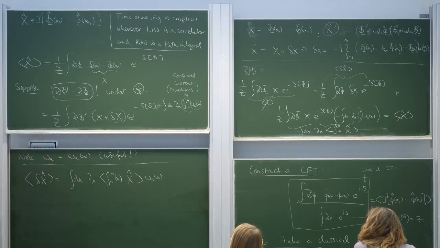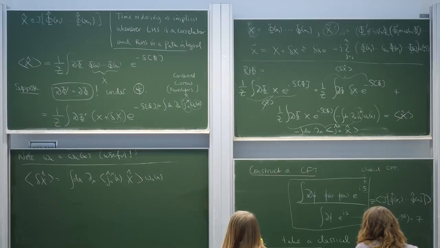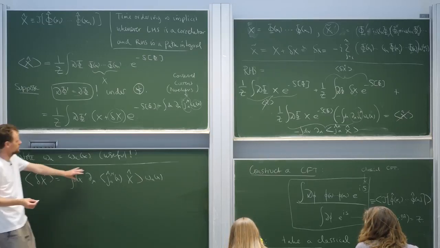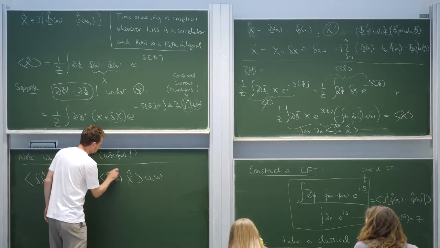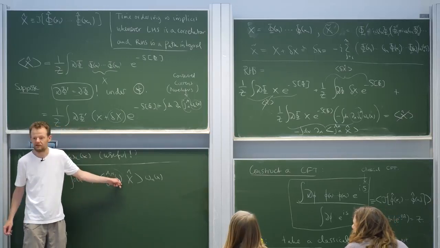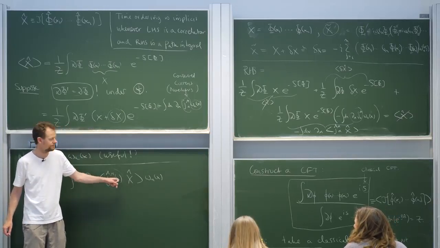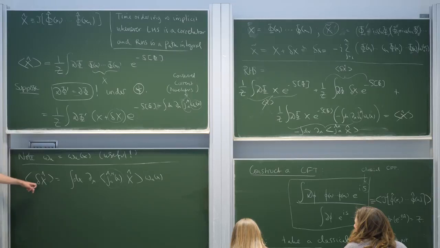That's what we've learned. This is tremendously useful because this is a local quantity that only depends on space-time location x. And this is the variation in the fields.